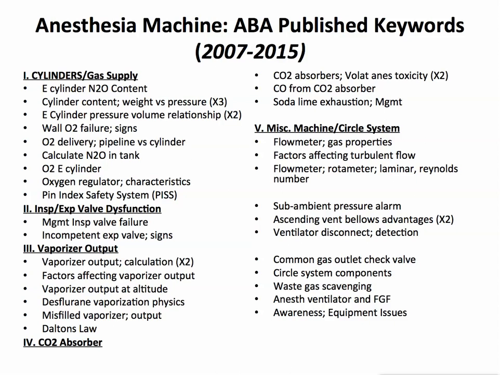The CO2 absorber, some issues with volatile anesthetic toxicity and carbon monoxide and exhaustion or drying out of the soda lime. And then some miscellaneous machine and circle system topics like flow meters and rotameters and waste gas scavenging, as well as others.